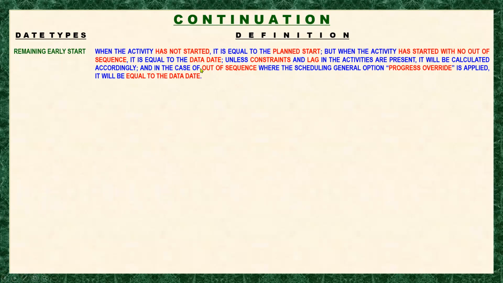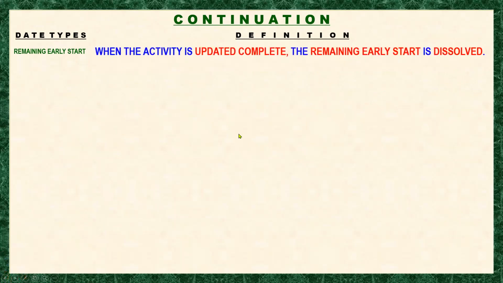And in the case of out of sequence, where the scheduling general option progress override is applied, it will be equal to the data date. Next, when the activity is updated complete, meaning 100%, the remaining early start is dissolved or blank. Okay, so let's proceed to the remaining late start.